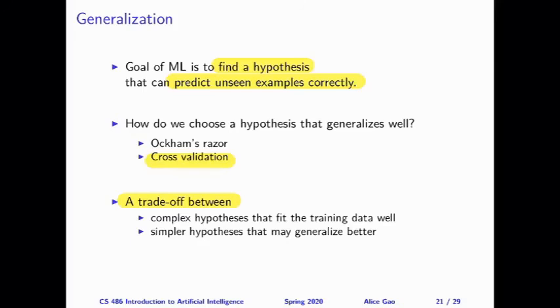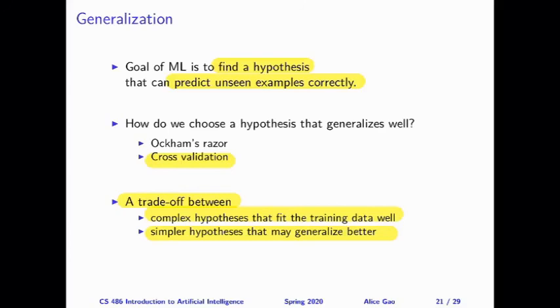But sometimes it pays too much attention to the training data, so it may not fit the unseen examples well. On the other hand, if we choose a simpler hypothesis, the simpler hypothesis tends to generalize well, predict the unseen examples well, but it usually does not fit the training data as well as a more complex hypothesis, right? So you can see there's a trade-off here.